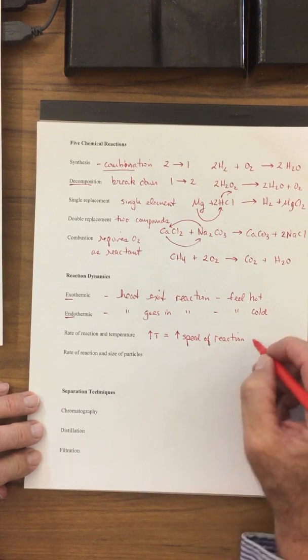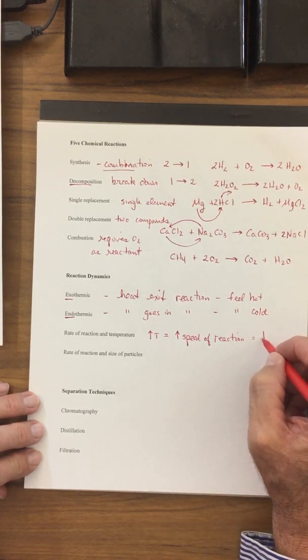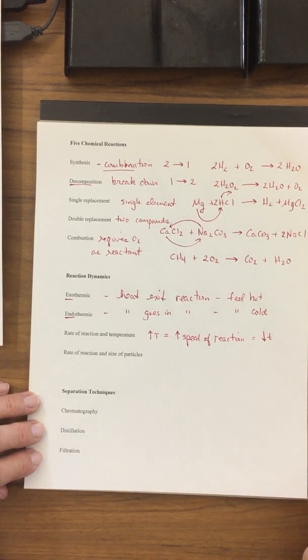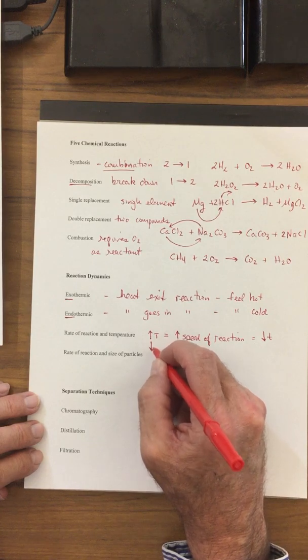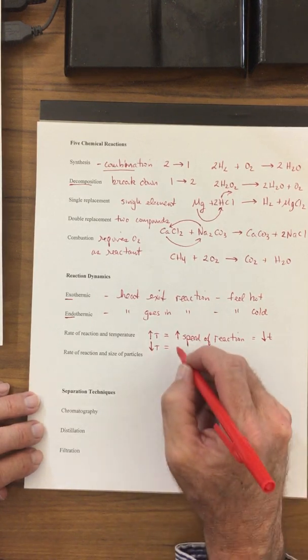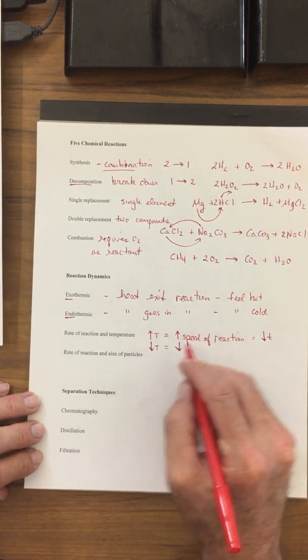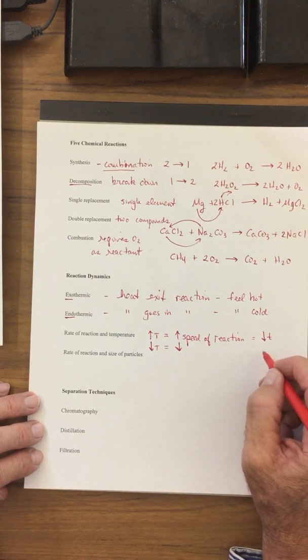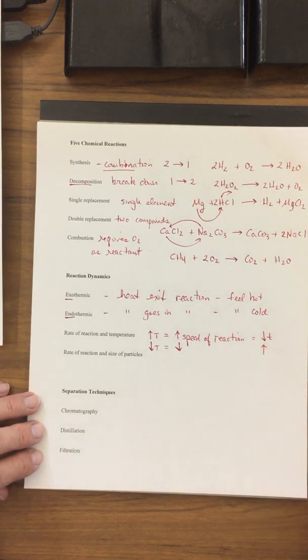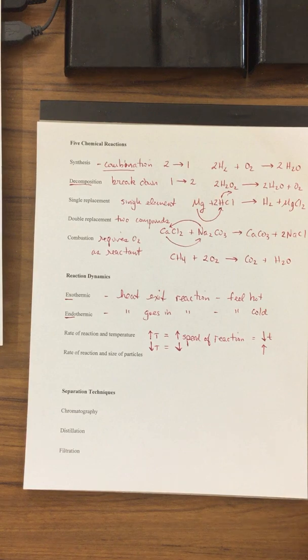So if it increases the speed, it's going to decrease the amount of time it takes to complete the reaction. And vice versa. If you decrease the temperature and you have it colder, the colder Alka-Seltzer decreased the speed of the reaction, and it increased the amount of time. It took longer for it to take place.